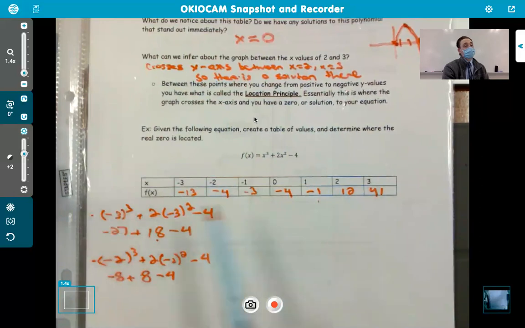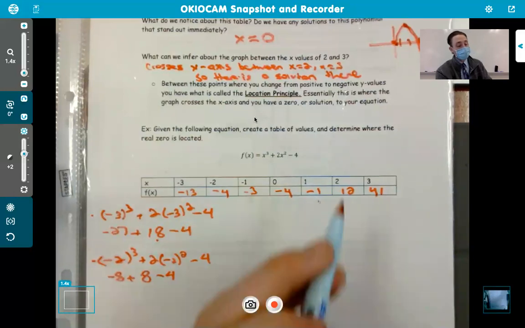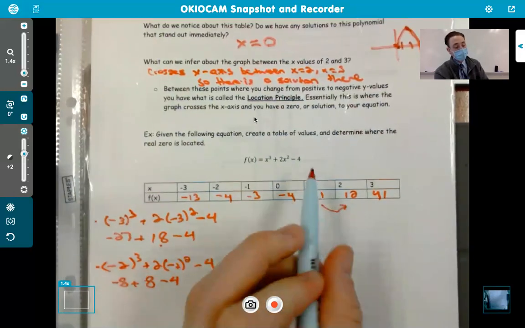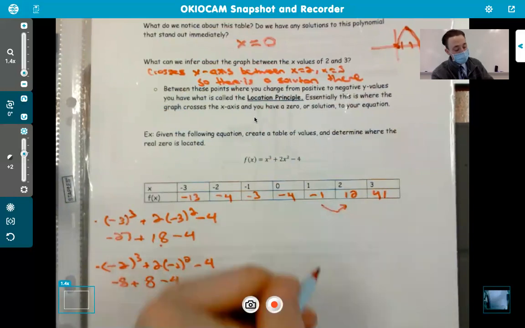So all you need to do after this, especially for what we're doing right now with zeros and then what we're going to be doing later on, look at your y values. So I go from negative to negative, a little bit higher, negative, back lower, higher, and then I go to a positive number. So I'm just going to look at where I go from a negative to a positive. That's where my solution is, right? And I'm going to list the x values.